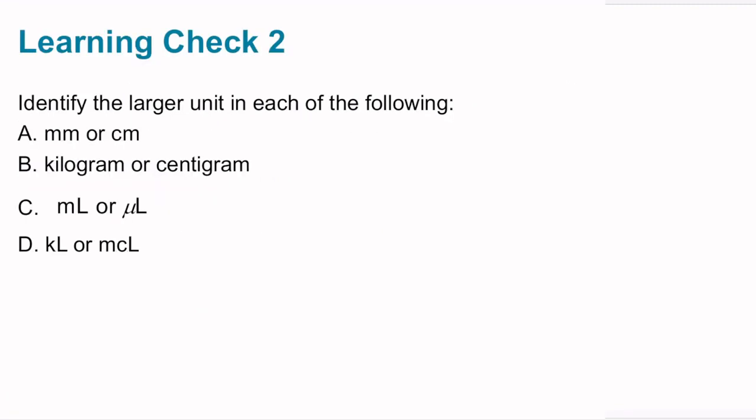Let's pause with a learning check. Identify the larger unit in each of the following: a millimeter or a centimeter, a kilogram or a centigram, a milliliter or a microliter, and a kiloliter or a microliter.